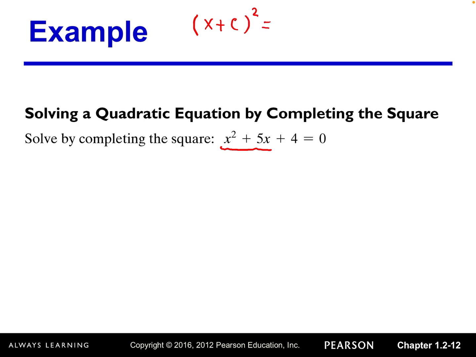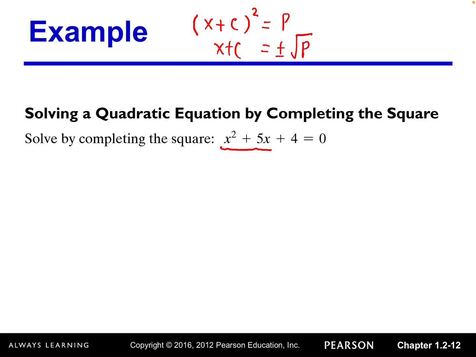And on the right-hand side of the equation, we try to get a positive constant number so that we can use the square root method: x plus c equals plus or minus square root of p. That's the direction we would like to go.